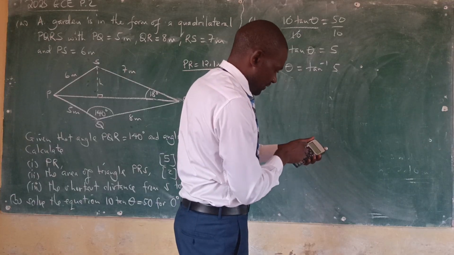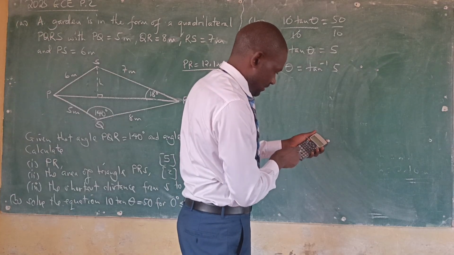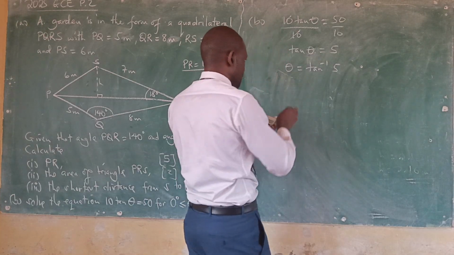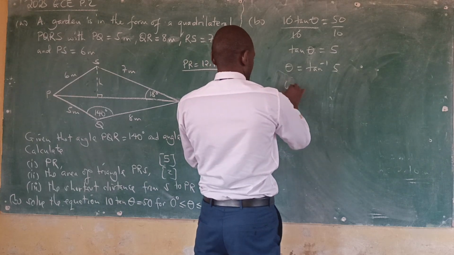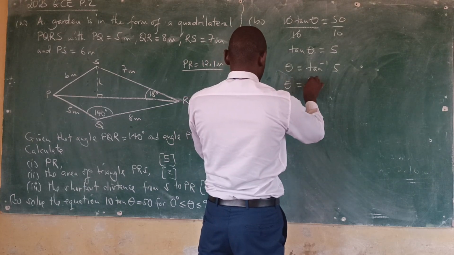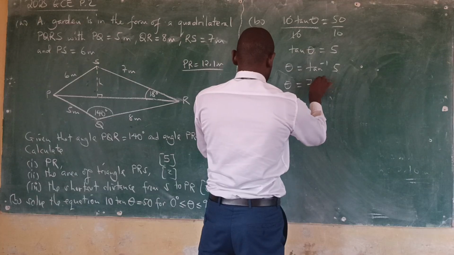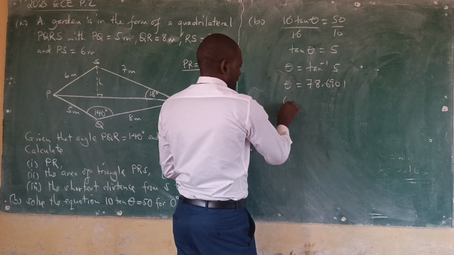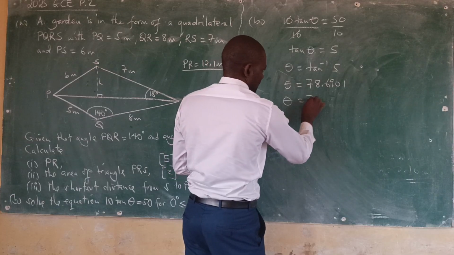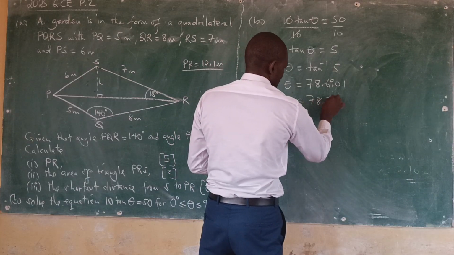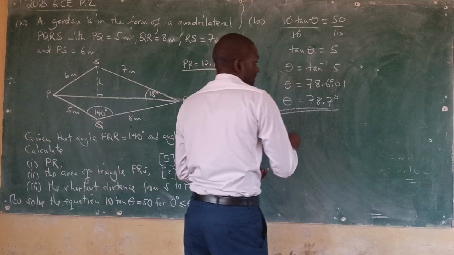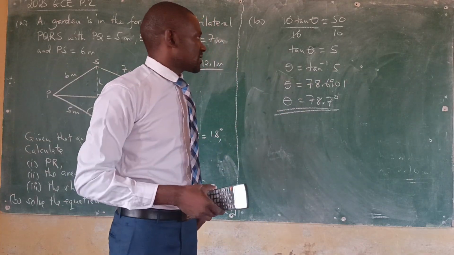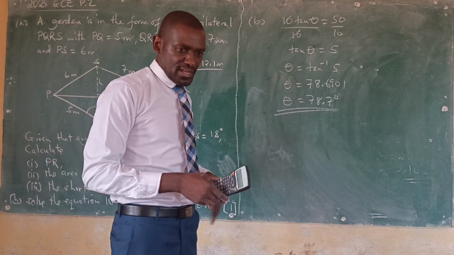And then the tan inverse of 5 gives us theta, which is 78.6901. So roughly, theta is just 78.7 degrees. So this is how this question could have been answered.